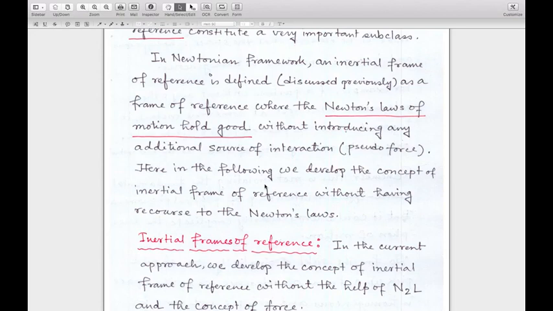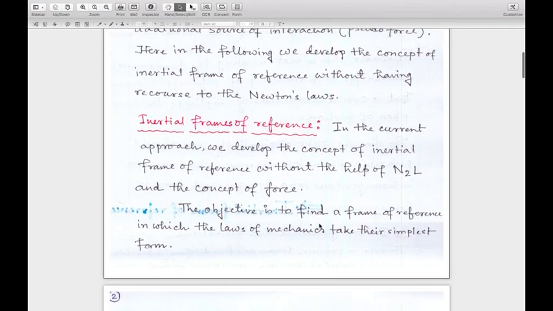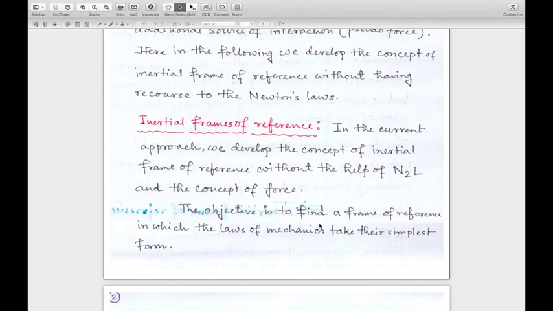Okay. Now, in the following, we develop the concept of inertial frame of reference without having recourse to Newton's laws. So let us first assume that we do not know Newton's laws. We just know the Lagrangian, and we also know some symmetry properties of the Lagrangian, that's it.